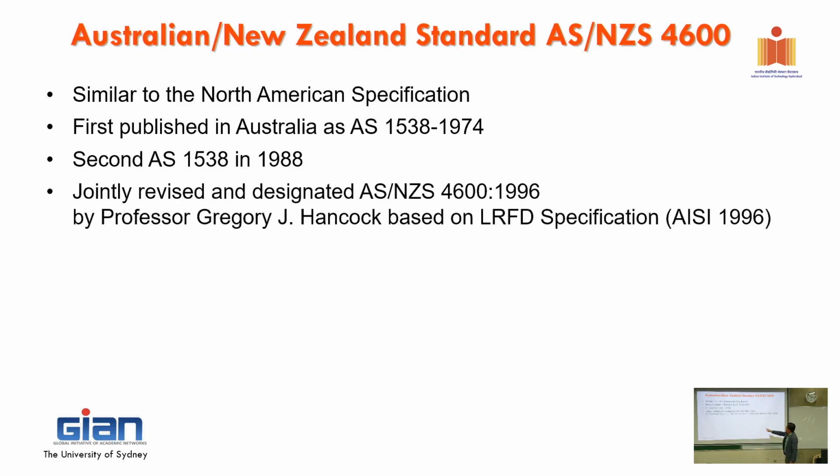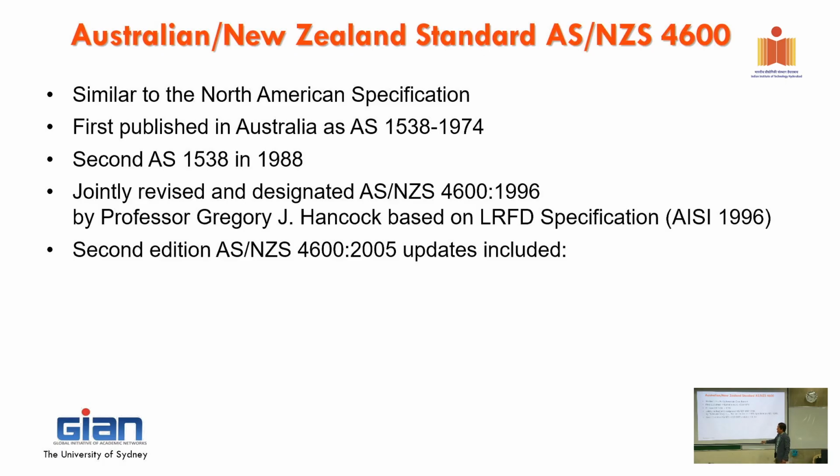Then officially from 1996, it was joined by Australian Standard and New Zealand Standard. This started with Professor Hancock, who brought all the LRFD specifications from the US and adopted them in Australia. So AS/NZS 4600 really started from 1996.